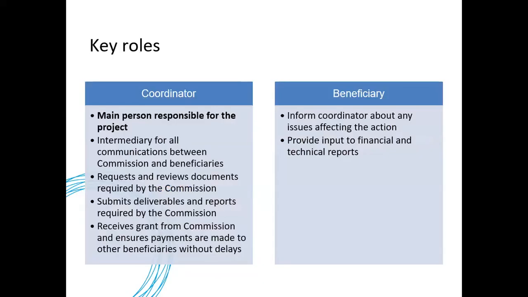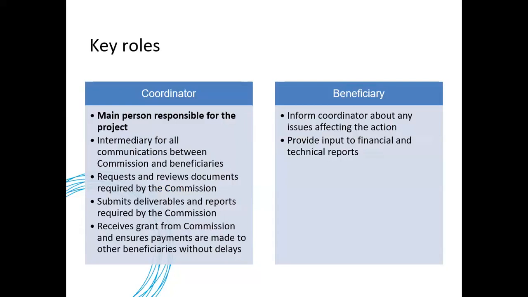The key roles here: you have a coordinator, of course, and you can be either a coordinator or a beneficiary. What is the difference between the two? The coordinator is the main person responsible for the project. So he is the key contact point between the Commission and the beneficiary.